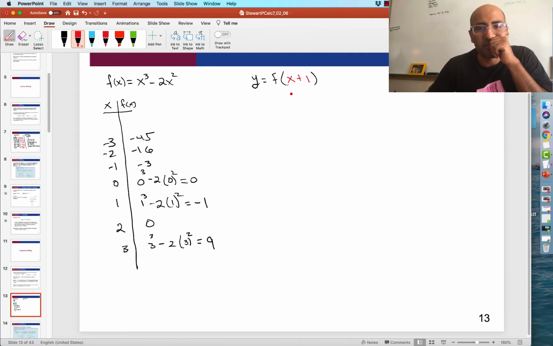This is a new function, so we could also label it g of x, which is equal to f of x plus 1.